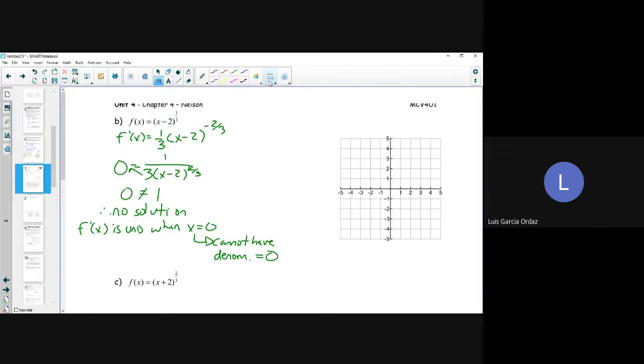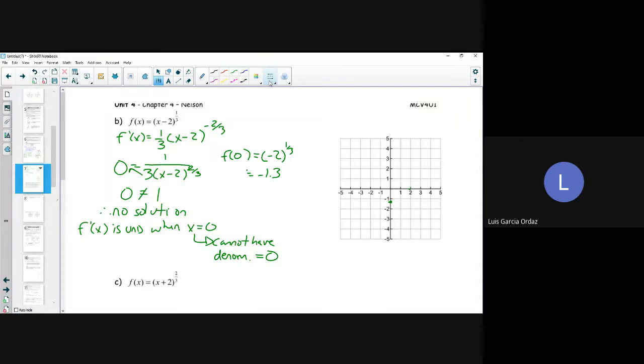So now we can find my y-intercept, so f at 0 is equal to (-2) to the power of 1/3, which is equal to -1.3. It's going to be around here. And at 2, my graph is going to be undefined.